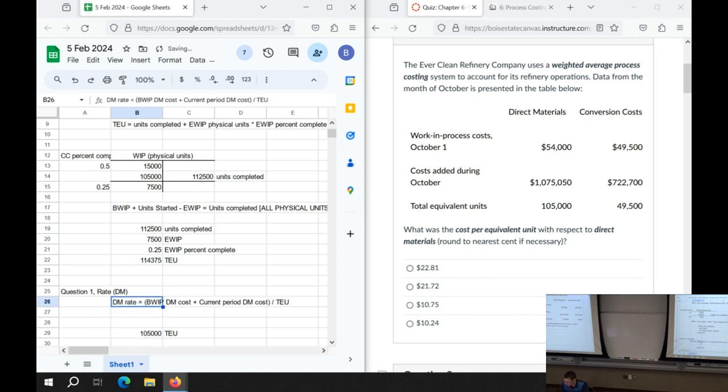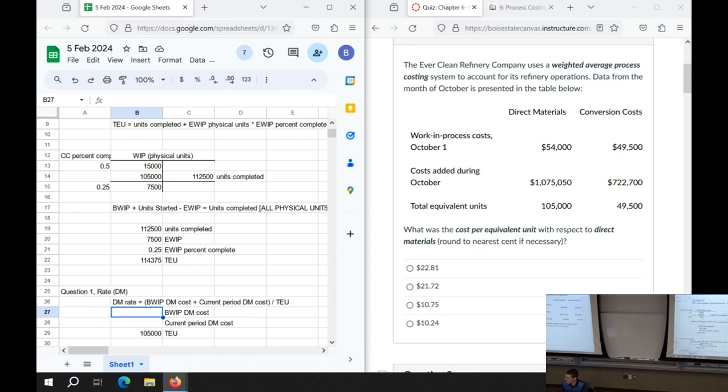We have TEU, so we just need these two right here: beginning WIP DM cost and current period DM cost. Can we fill these in? Maybe he's trying to trick me. Not this time. Other times, yeah, I'm a snake. Right now, this is straightforward.